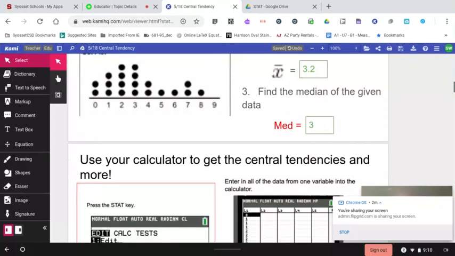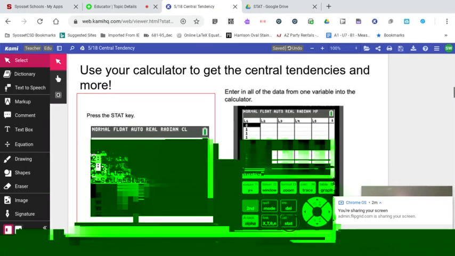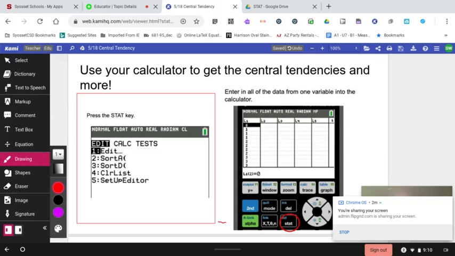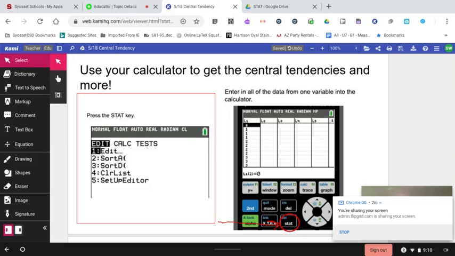There is a much easier way to do this, and that would be on the graphing calculator. If you go to the graphing calculator and press Stat Edit, which is this button here, Stat Edit would be the menu, you would hit enter, and you would type in your list exactly as you see it. It doesn't need to be in order. You're only going to type in one list of data.